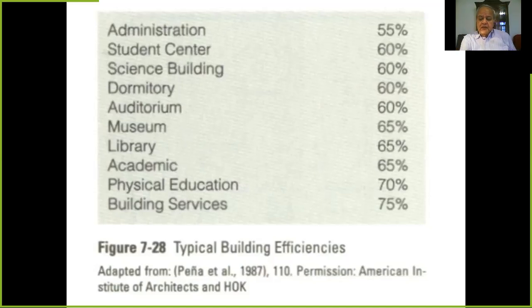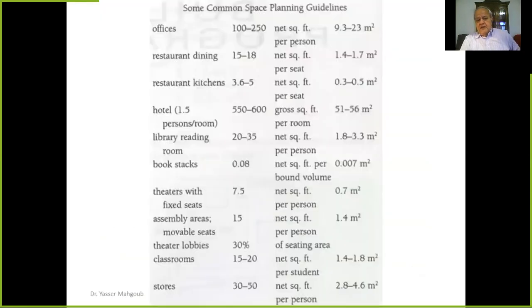The more area you need for circulation and lobbies, the less efficiency. If the function is mostly used as area, then the efficiency will be higher. But these are the different ratios that we use.